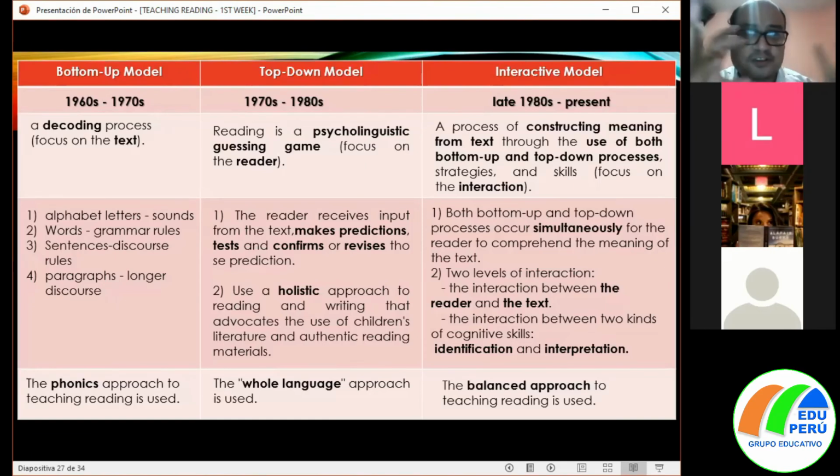Hemos visto todos estos aspectos de lo que envuelve leer. Miren, es un proceso, como hemos visto al inicio también, es un proceso de pensamiento, ¿eh? No solamente es decodificar. Entonces eso hay que tenerlo bien claro, ¿no?